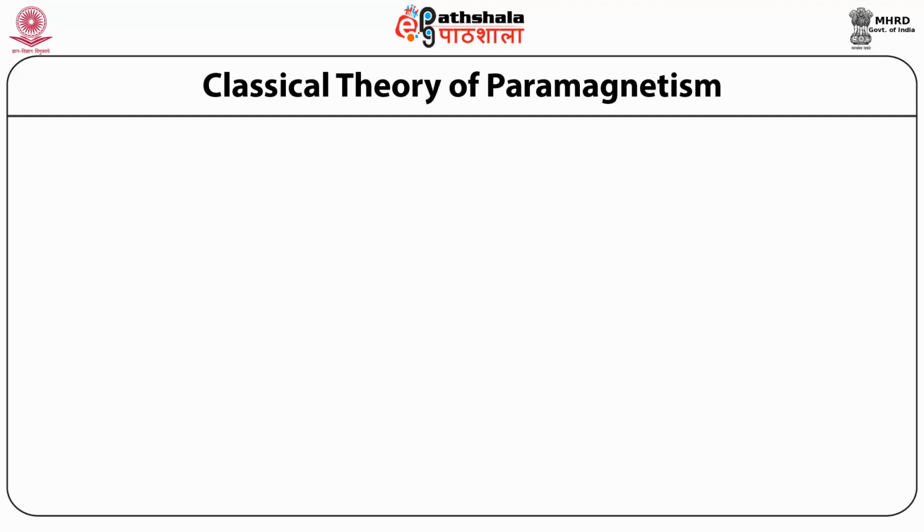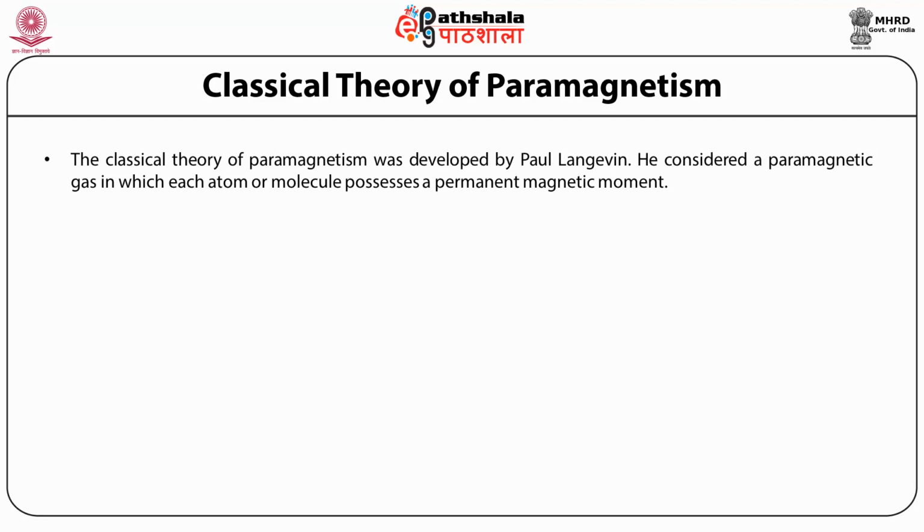The classical theory of paramagnetism was developed by Paul Langevin. He considered a paramagnetic gas in which each atom or molecule possesses a permanent magnetic moment. He neglected the mutual magnetic interaction between the gas particles.